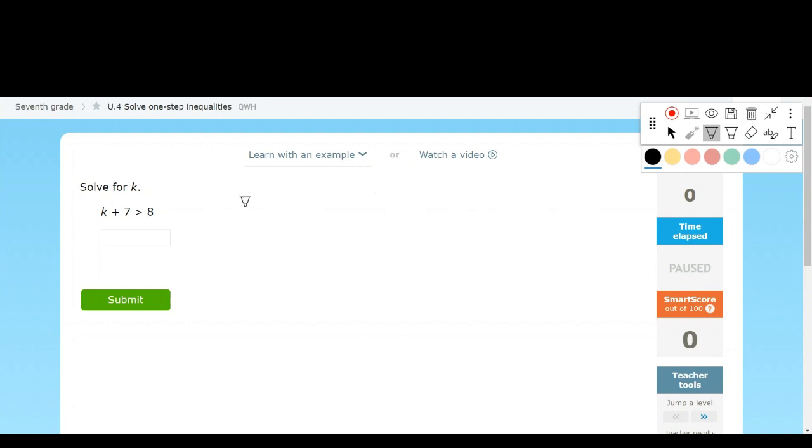If you remember how we solved equations in the previous videos, we talked about the idea of doing opposite operations. So what are we doing to the k here? Well, we're adding 7. What's the opposite of adding 7? Well, it's subtracting 7.